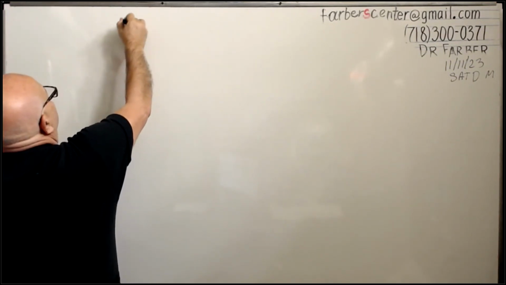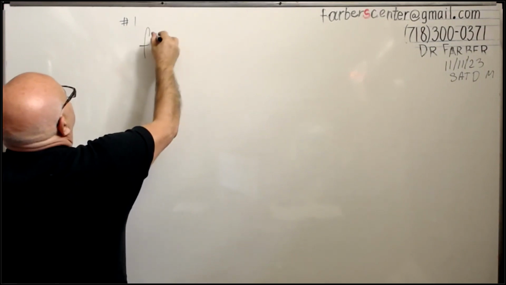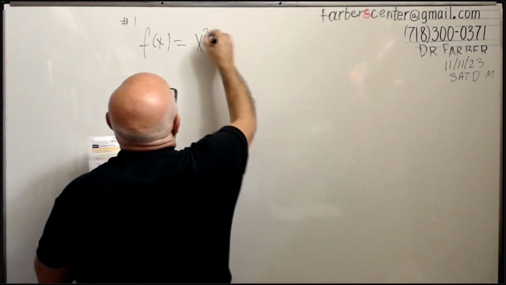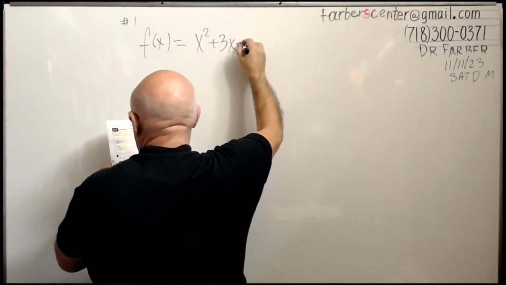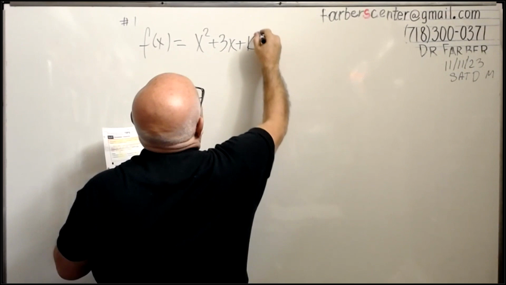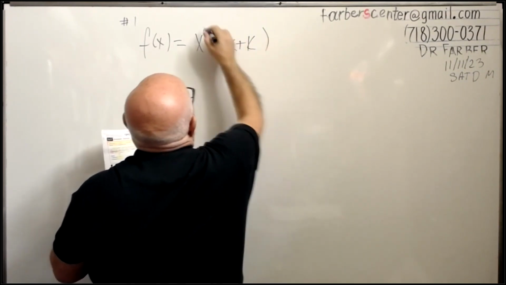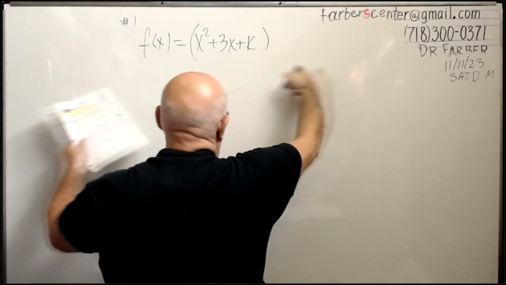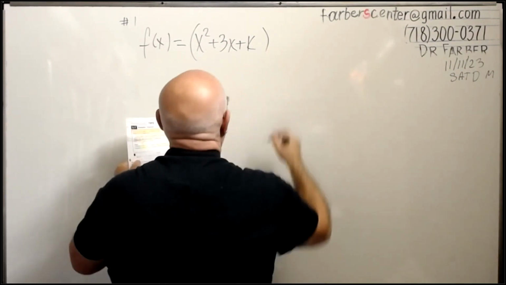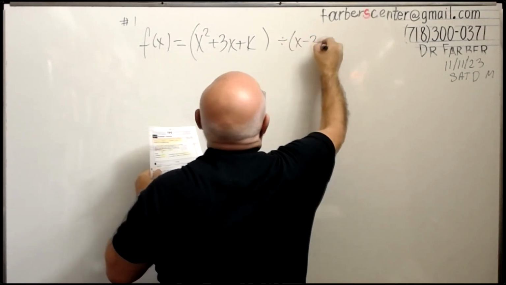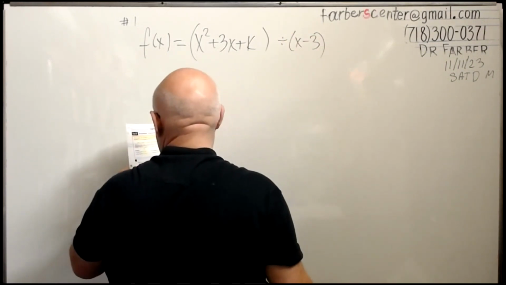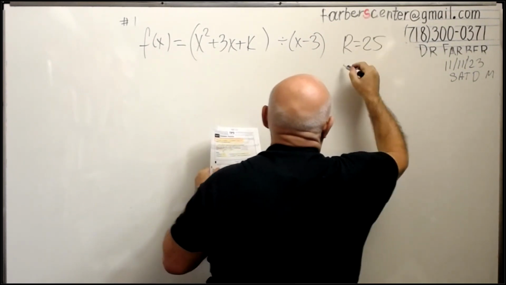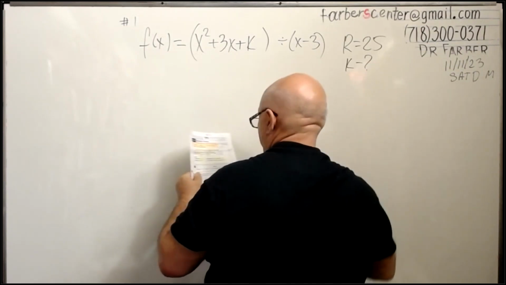We have a function f of x equals x squared plus 3x plus k. And you divide it by x minus 3. And they say the remainder equals 25, and k is the question mark parameter.